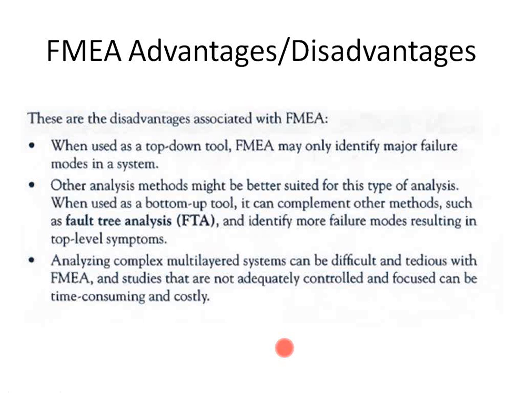I mean, how deep can you get into the different elements of that? There might be other methods, and fault tree analysis can help with that as well. And again, what I mentioned earlier, analyzing complex multi-layered systems can be difficult and tedious, and time-consuming and costly. It can just take a lot of time to do those.